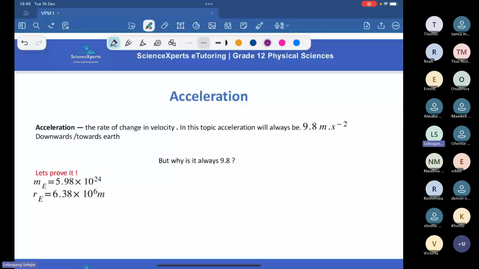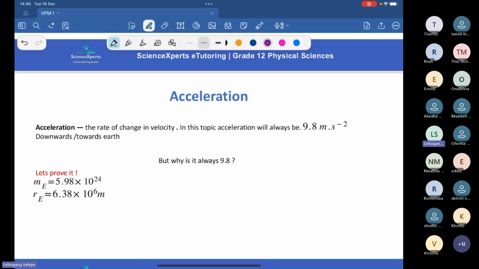So how its velocity changes. Acceleration measures whether your object is slowing down or speeding up. It's how you increase your speed with time.